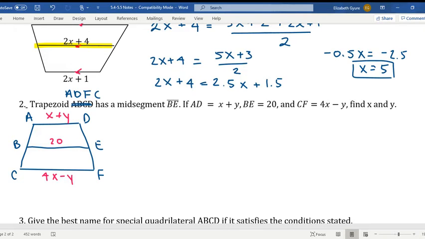Okay, so this is definitely going to be a system of some sort, right? So when we set up our system, we need to think of some different equations we could set up here. What's one equation you could set up for this?